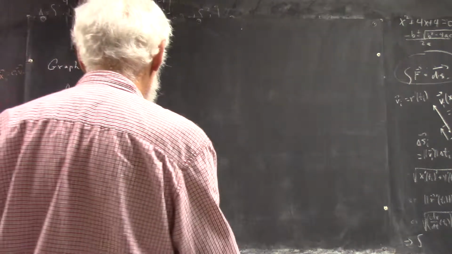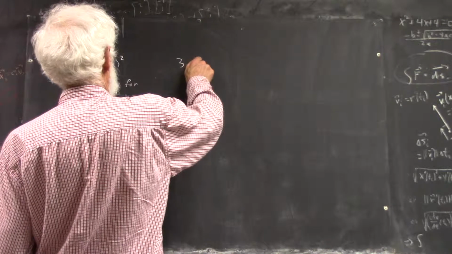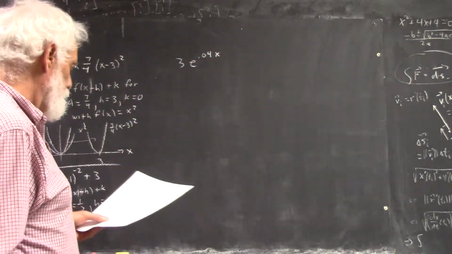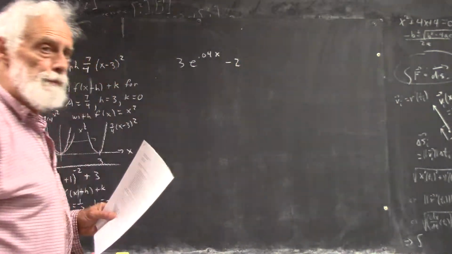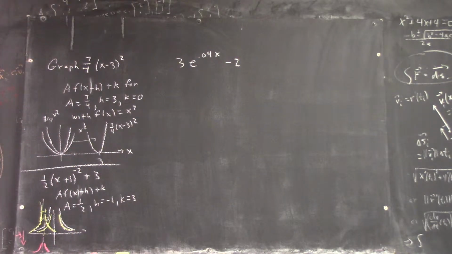Okay, now we want to do this. Now, I'm throwing you a little bit of a curve here, because e to the x isn't one of our fundamental basic functions, right?